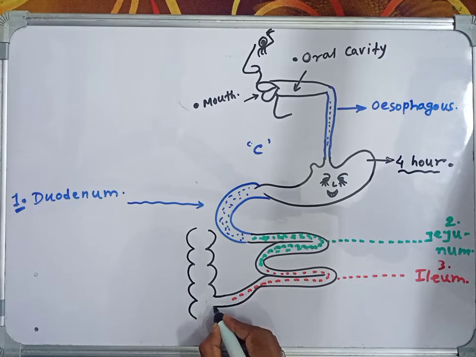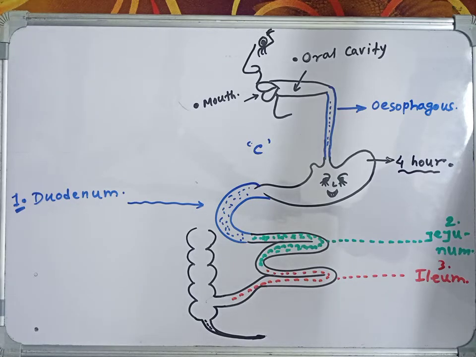And in the large intestine there is the opening of our small intestine, right? And below the large intestine there is a worm-like structure, you know, my dear student. This worm-like structure is called the appendix, right?